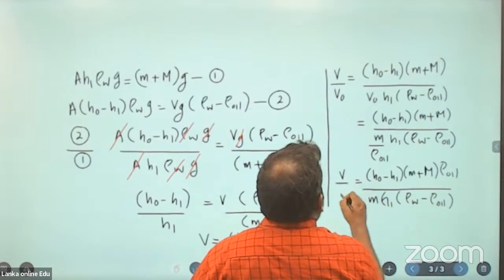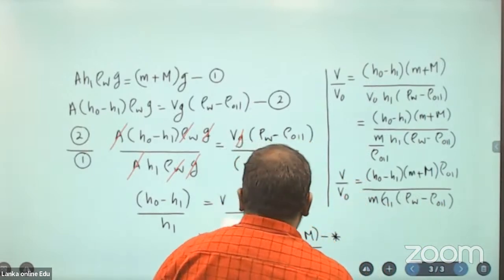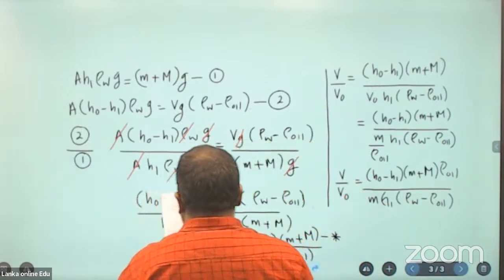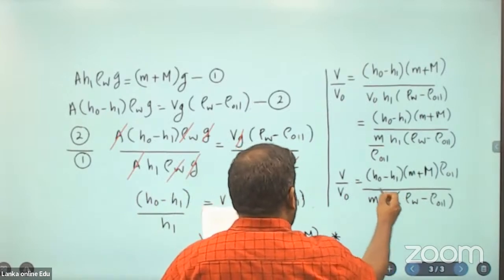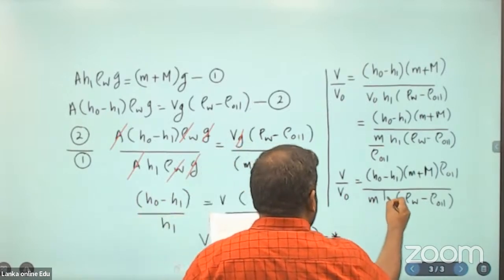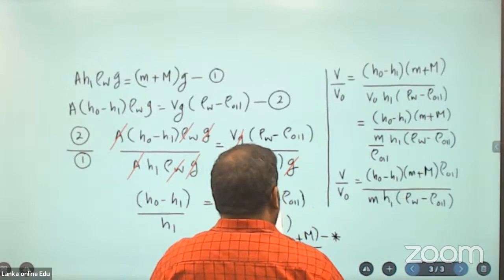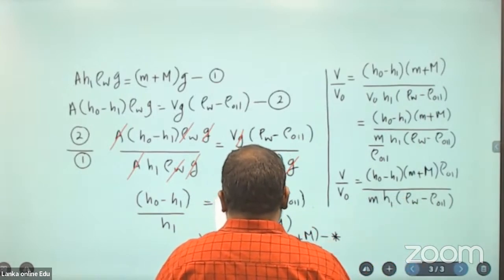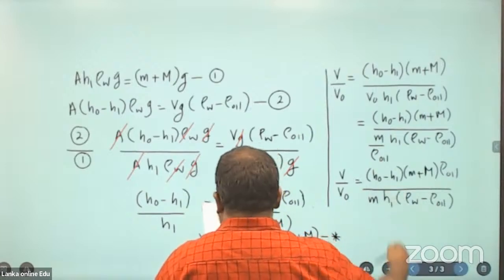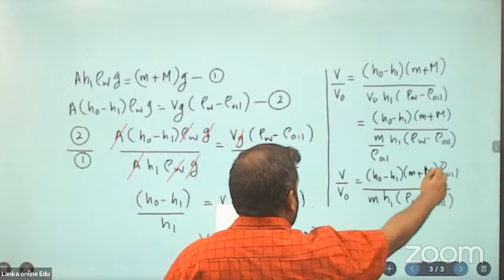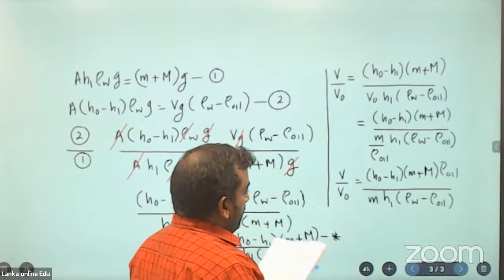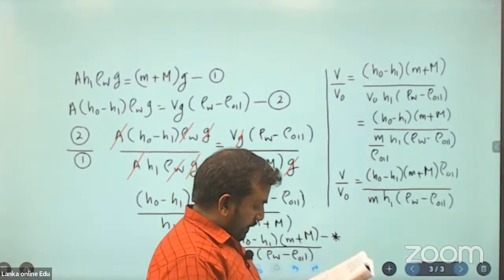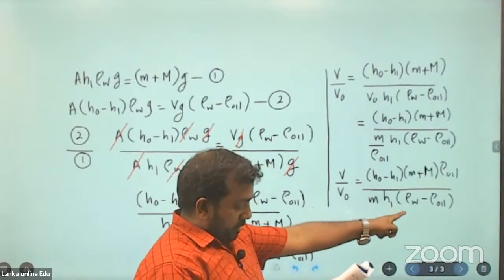From this I get V over V naught. Do you have an answer like that? I think there's a printing error in the answer. This should be rho W minus rho oil.